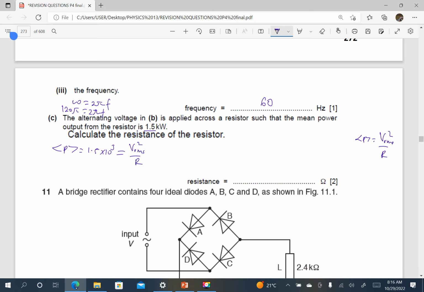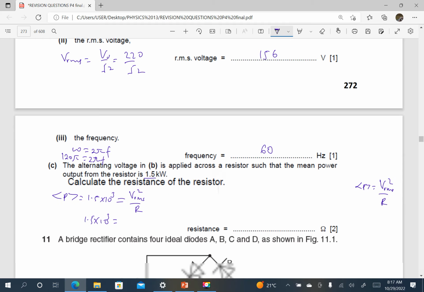So we want to find R. This means 1.5 times 10 power 3 is going to be V root mean square, which I have got above as 156.